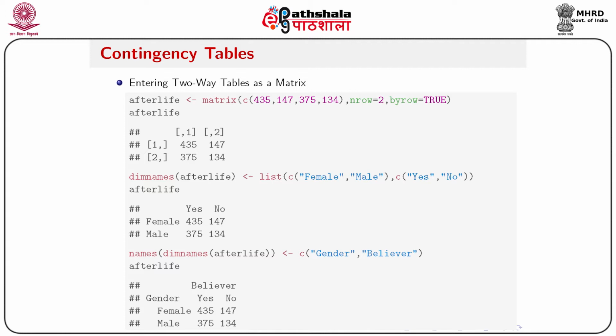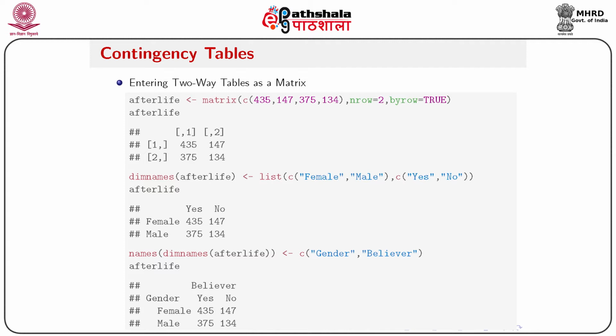and then you can give the names of the dimensions as dimnames. Afterlife equals list. The first one is for rows and the second one for columns. So the first list is c(female, male), and for columns I can write c(yes, no).